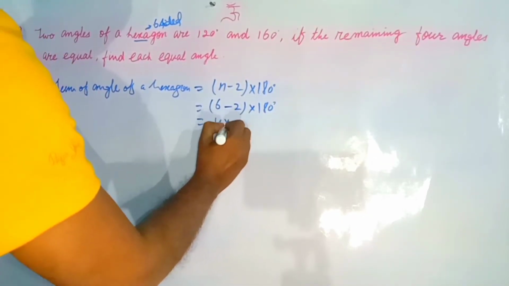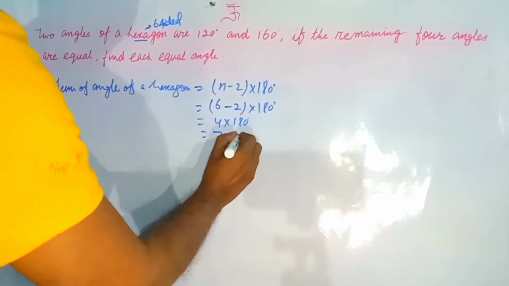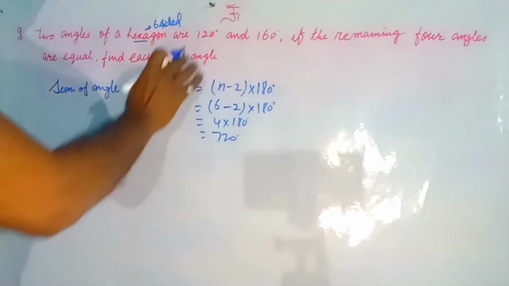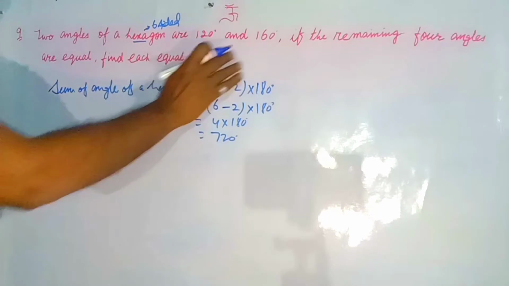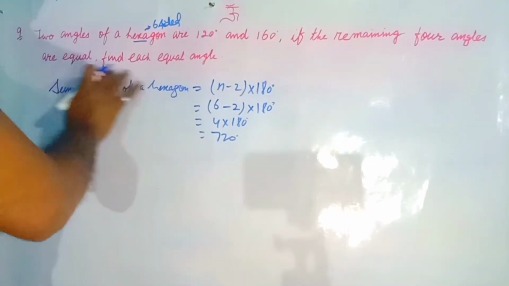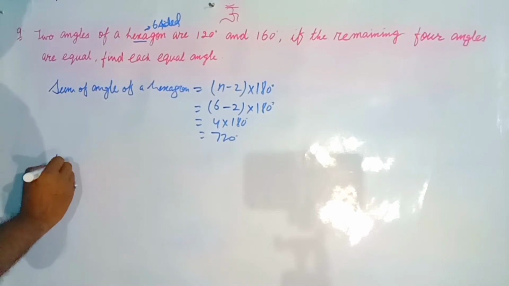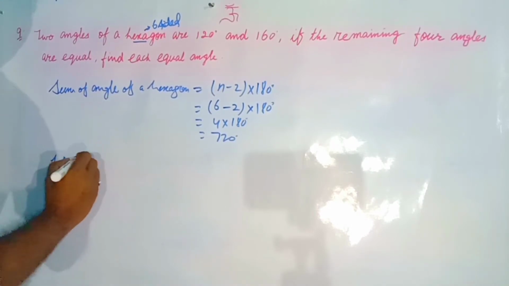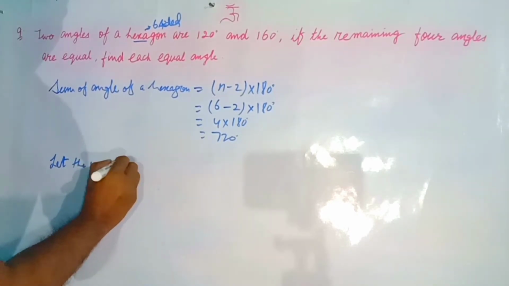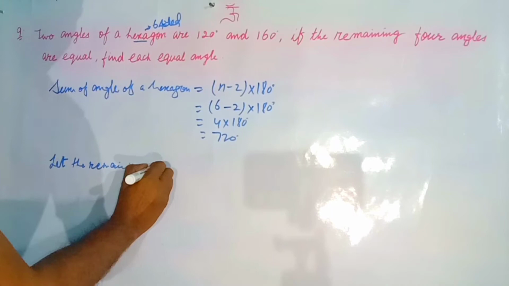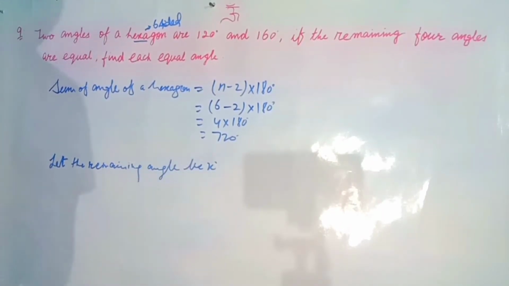Now 4 into 180 degrees will be 720 degrees. Now here are given two angles, 120 degrees and 160 degrees, and the rest of the angles are not given. So we will let the remaining angles be x degrees.